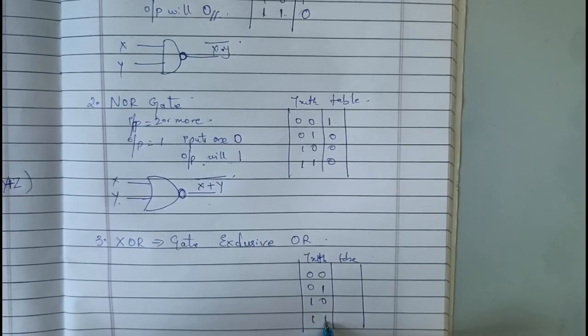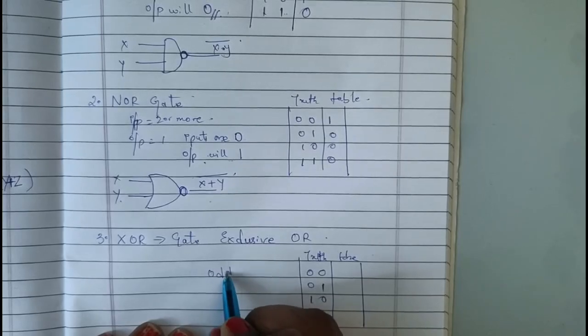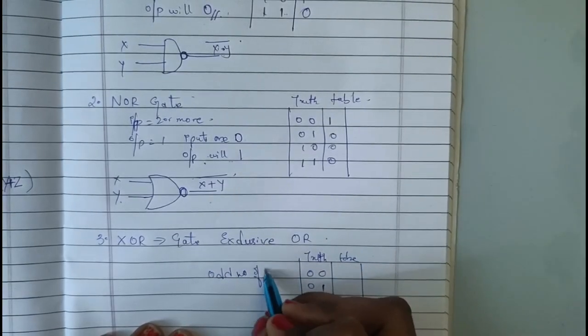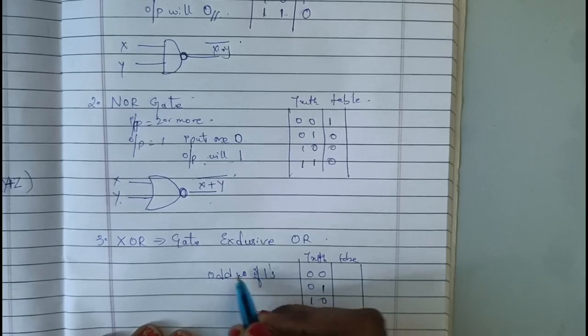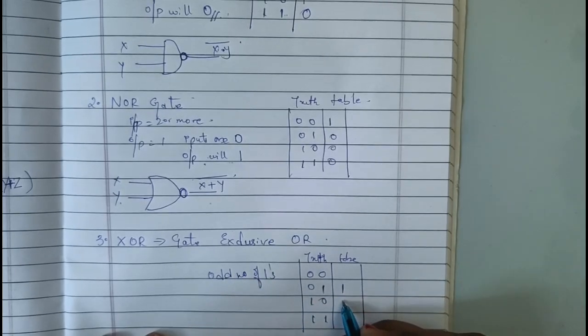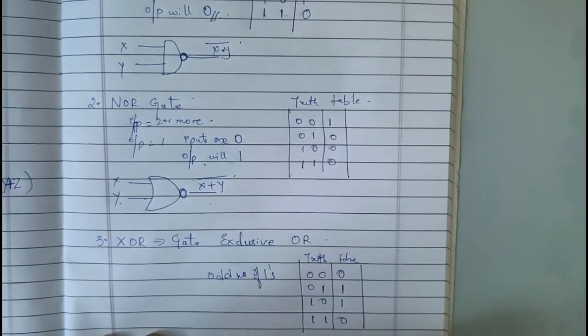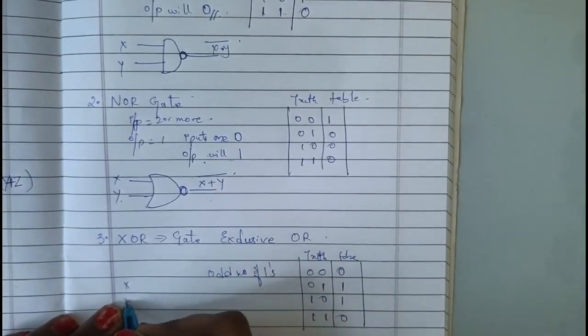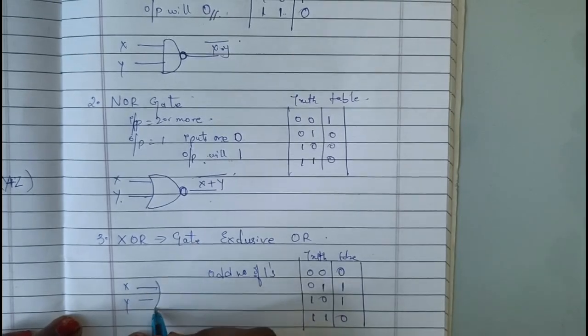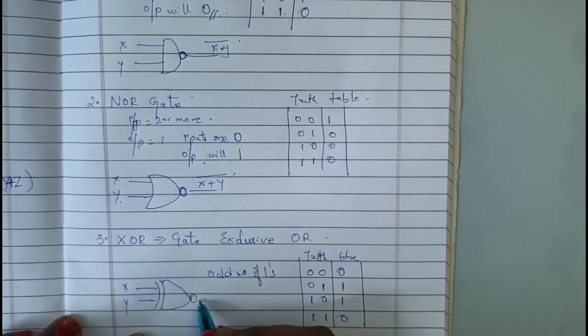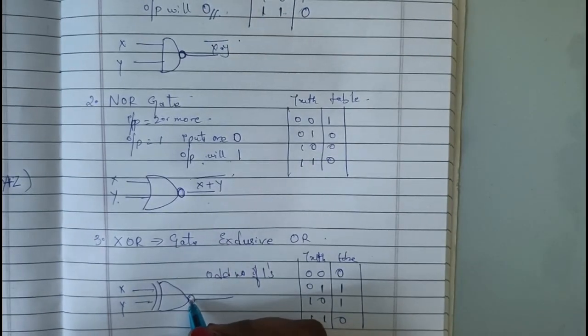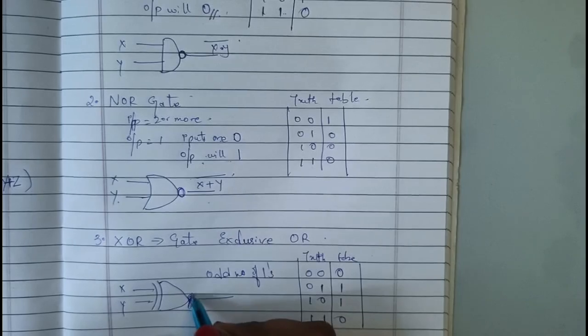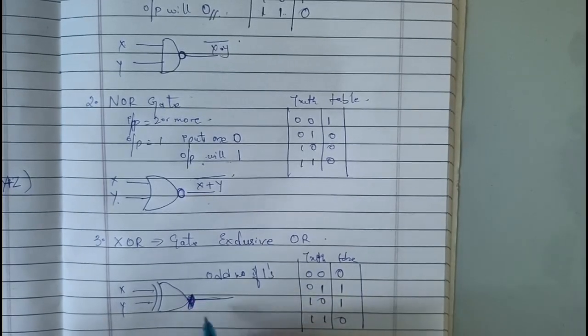Here it's 2, so this is not considered odd. So the output is 1, 1 and then 0, 0. The symbol for the XOR gate is like the OR gate with an extra curve at the input side. Sorry, the one for NOT just has an OR here, so this won't come.